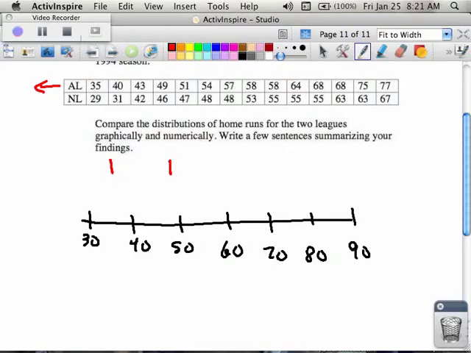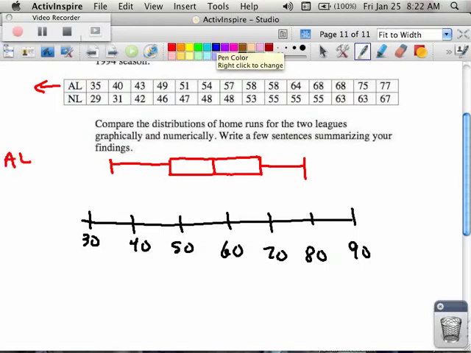Okay, median almost 60. And we'll talk about these exact numbers in a little bit. Q3 at about 68, and then a maximum of 77. So my box and whisker looks something like this. Again, I'll find these exact data points and write them down shortly. And this was my American League.